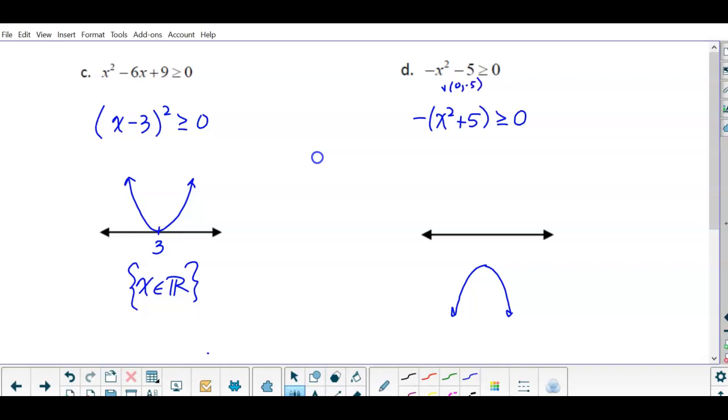So in this case, where is it greater than or equal to 0? Nowhere. So there's no solutions to this. You can state it in words, you can say null set, or empty set, because there aren't any solutions for that.